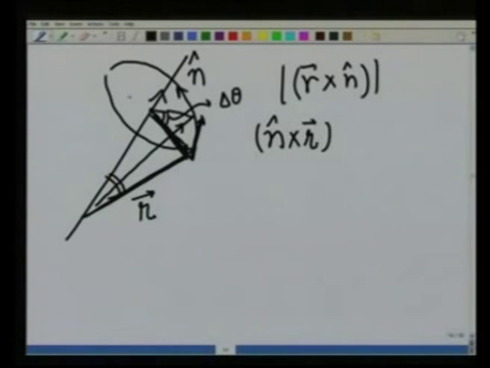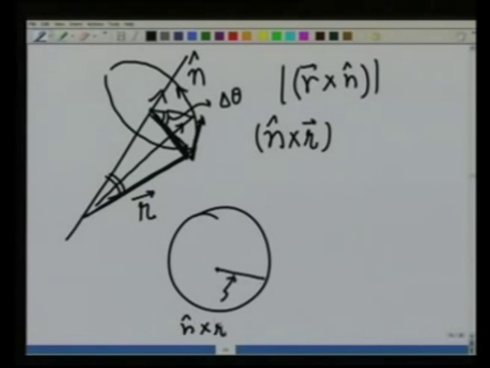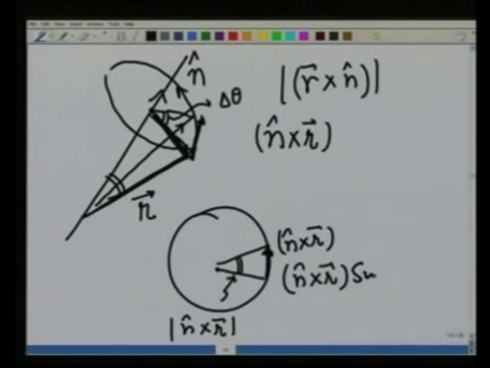So, if I make the circle here, this magnitude is n cross r magnitude, and it has changed by this amount in the direction of n cross r by an amount n cross r sine of delta theta, which is roughly equal to n cross r delta theta, and this is your delta r, because this is how much it has changed.